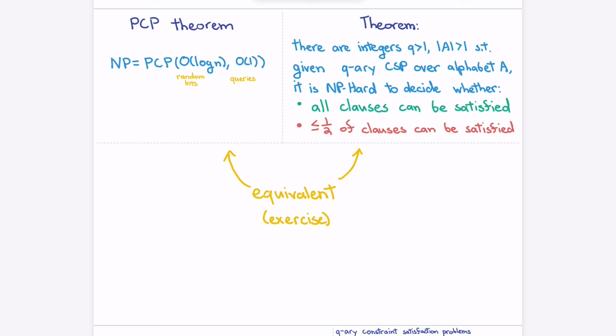If all NP problems have a PCP with a constant number of queries, then the CSP should be able to solve it. So we should be able to take the CSP and come up with some constraints.